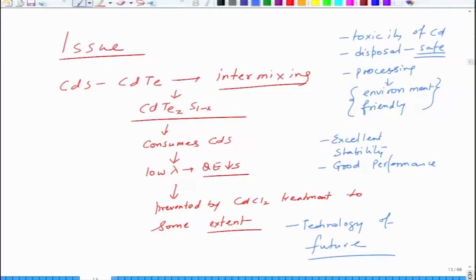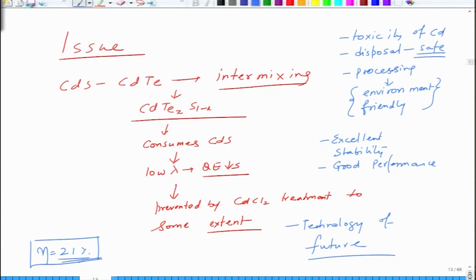Cadmium telluride, as I already told you, let me give you the efficiency numbers. The efficiency of cadmium telluride, I think I told you in the last class, is about 21%, which is a pretty good number, and the costs are expected to come down in future.